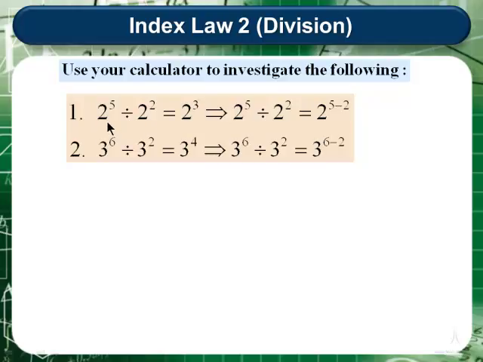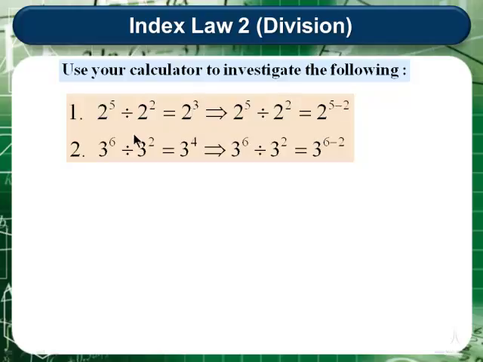What you can do is write this as 2 multiplied by itself 5 times divided by 2 multiplied by itself twice. And then we can simplify that fraction, and 2 of the factors of 2 will cancel out, and we'll end up with 2 multiplied by itself 3 times.